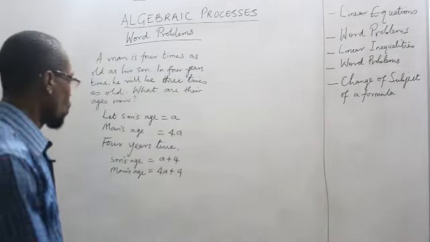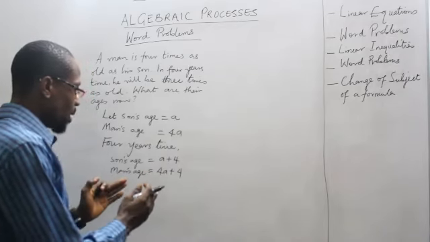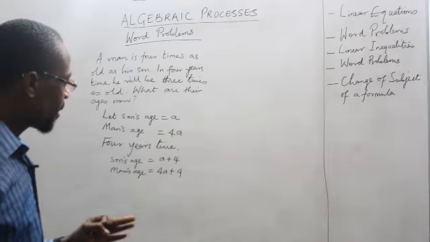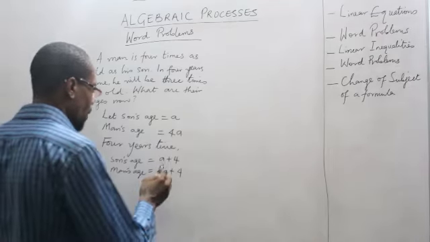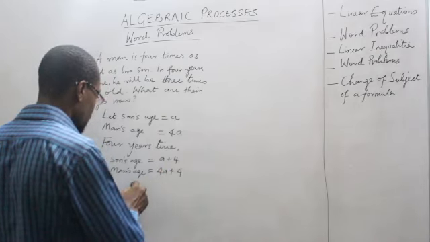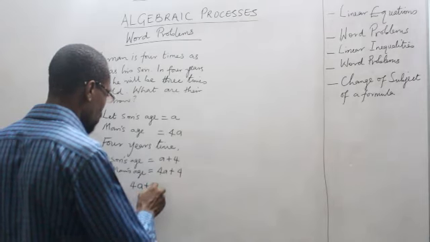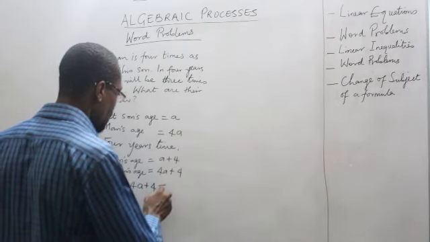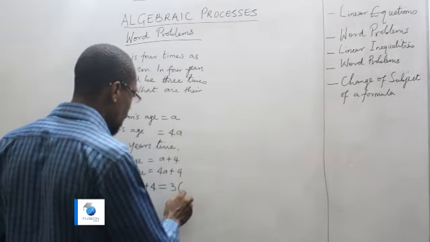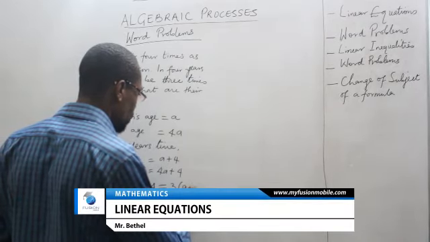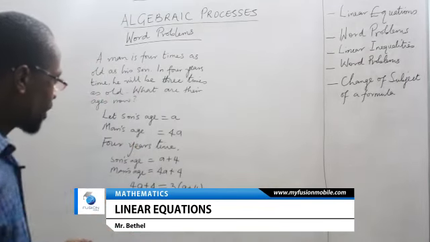So when we write the mathematical equation, the man's age, which is 4A plus 4, will be equal to 3 times the son's age. Does that make sense?